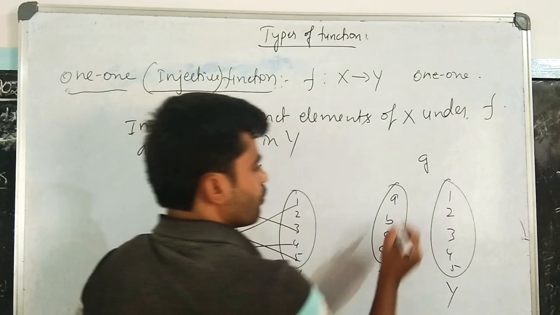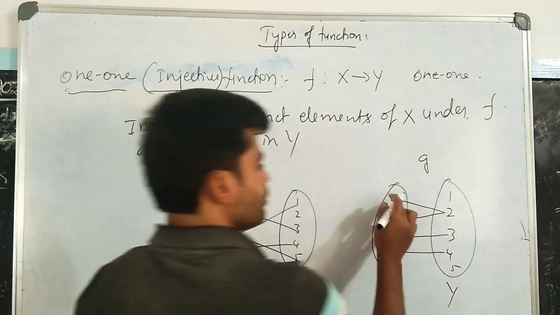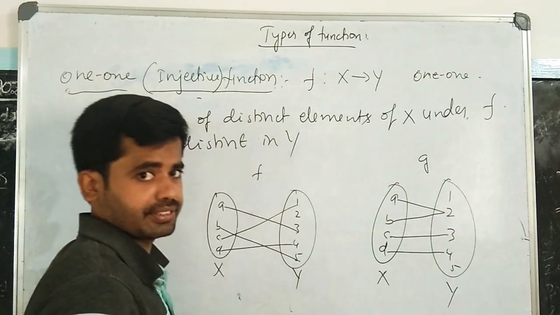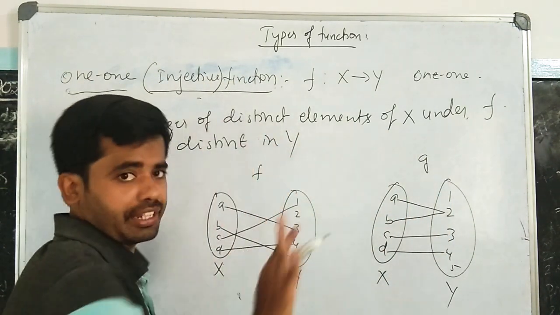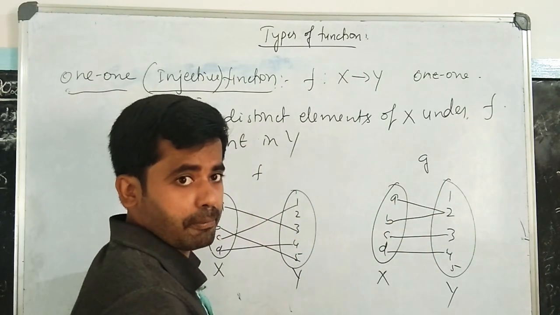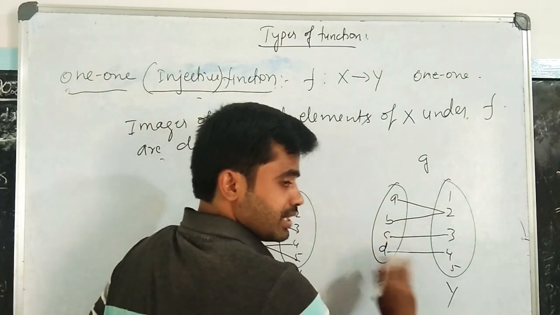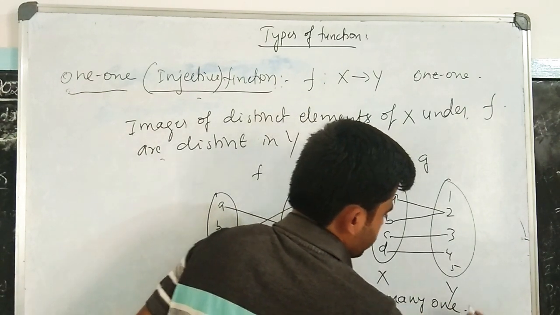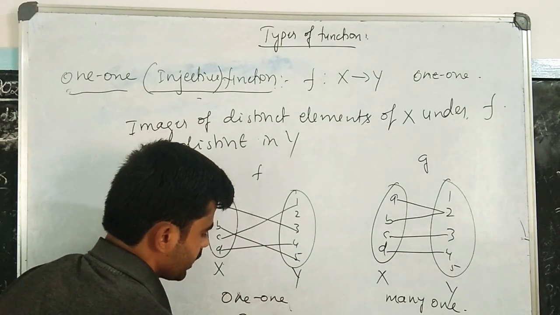Now the images of A and B are the same. Distinct elements of X under f must be distinct in Y, then only it is one-one. But here distinct elements of X have the same image in Y; the image of A and B is the same. Hence it is not one-one. This is a many-one function. The earlier one is a one-one or injective function.